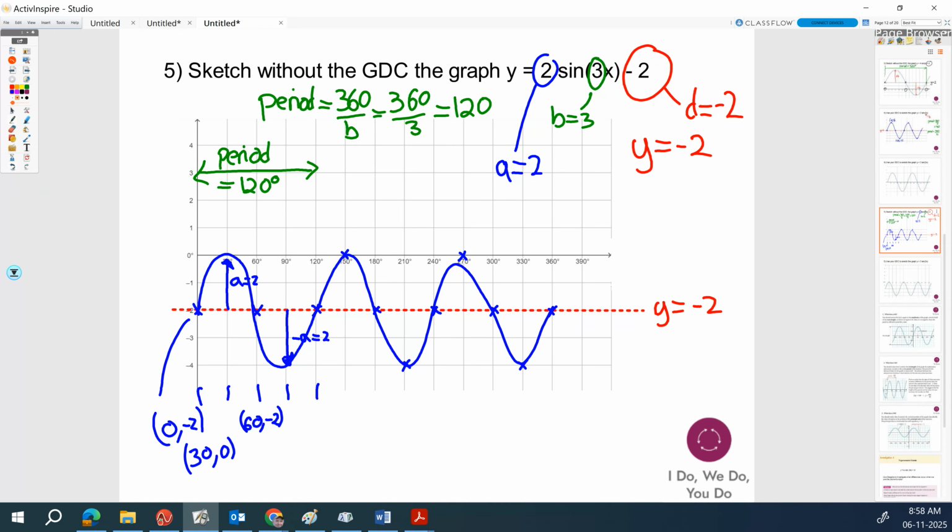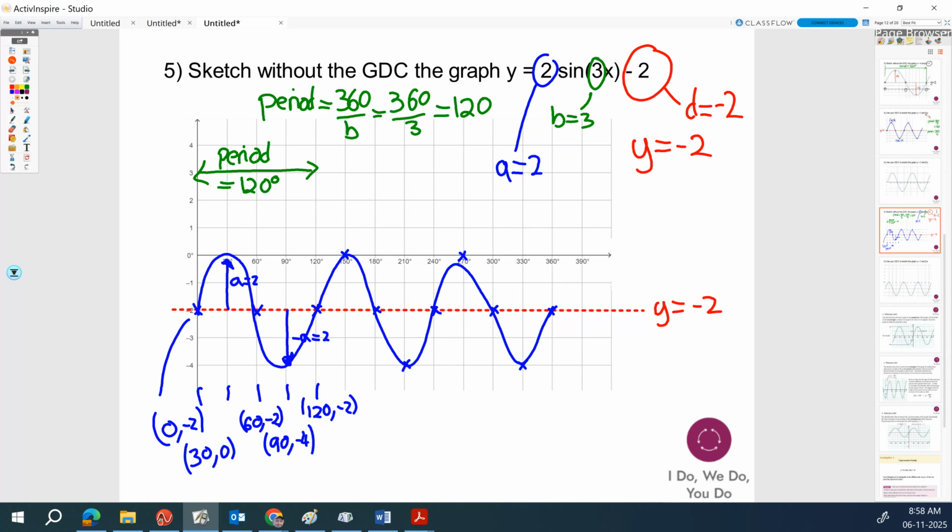Then we go through 90, negative 4. Perhaps a bit small, put them in the middle. But always label them at the correct point. We have 120, minus 2. So these 5 points here show your understanding.